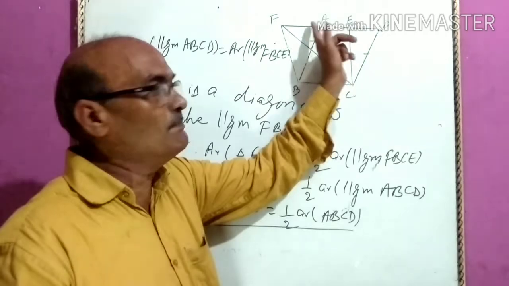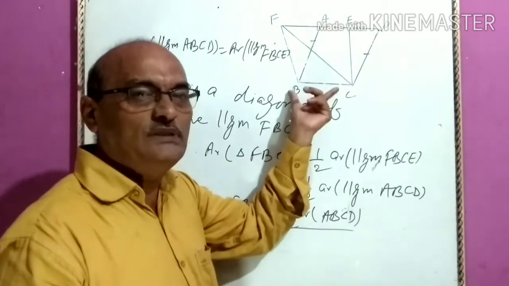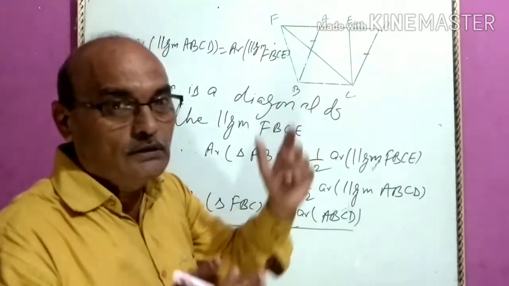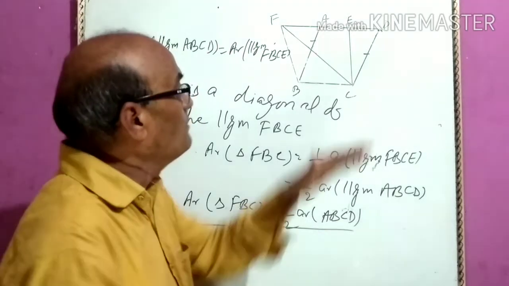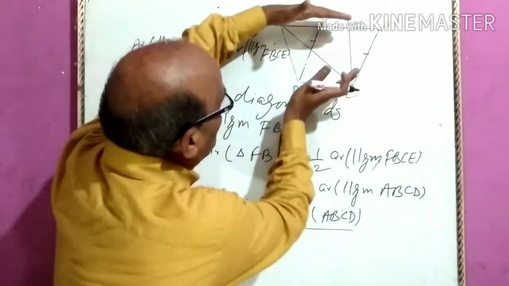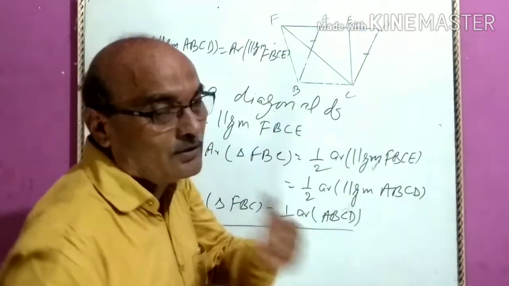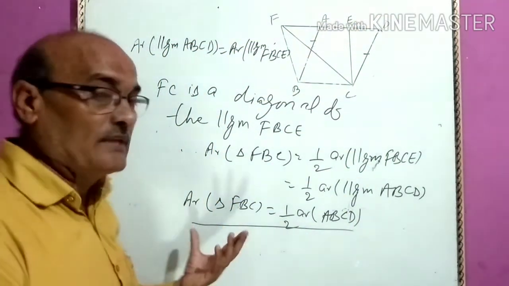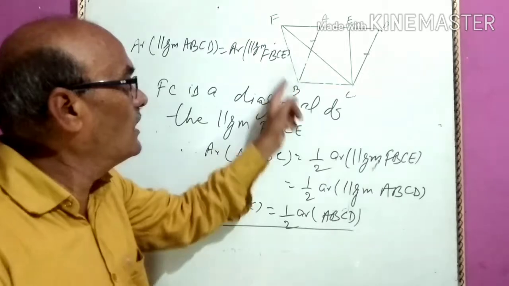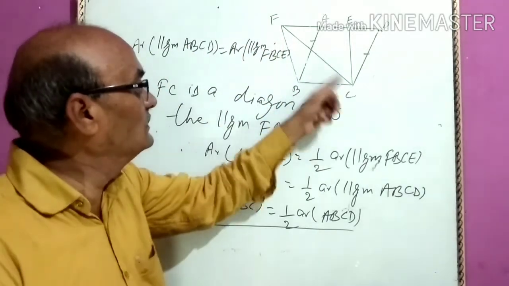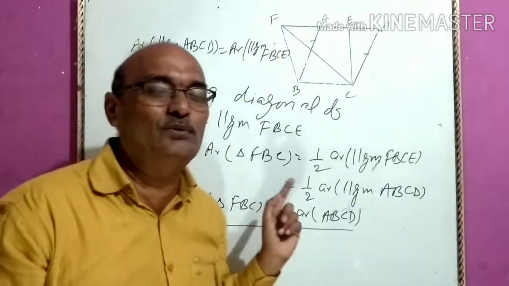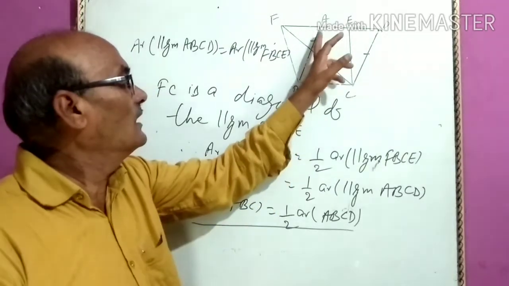ABCD is a parallelogram having same base BC, and both the figures, triangle and the parallelogram, lying between the same parallels BC and what? FD. Okay? So our conclusion is the area of triangle ABC is equal to half the area of parallelogram ABCD.